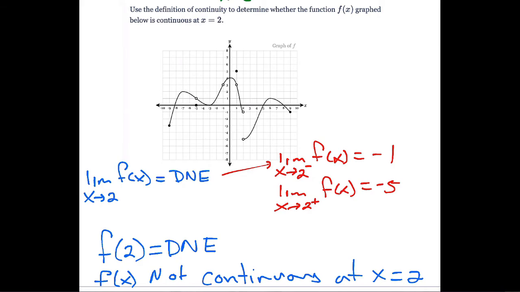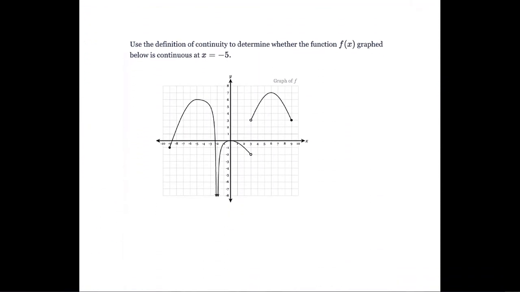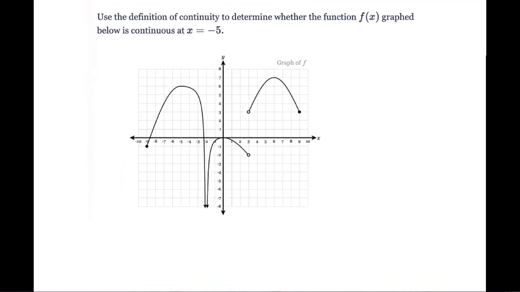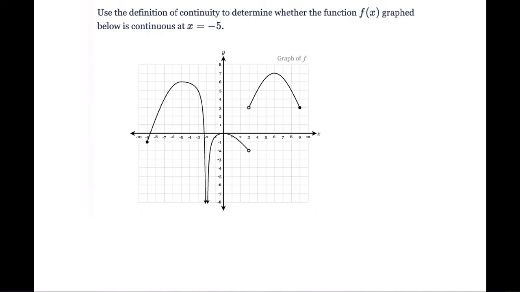So let me show you another example, a little different, actually. Let's look at this one. Now we're worried about x equals -5. When you look at this graph, when x equals -5, which is right there, you could say, oh yeah, that function's continuous. Well, let's look at it.